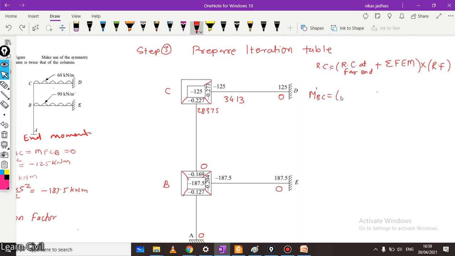So this will be equal to 0 plus 28.375, plus fixed end moment at joint B, which is minus 187.5. Multiply this with rotation factor for BC, which is minus 0.169. This value will be equal to 26.89. You can write this here.